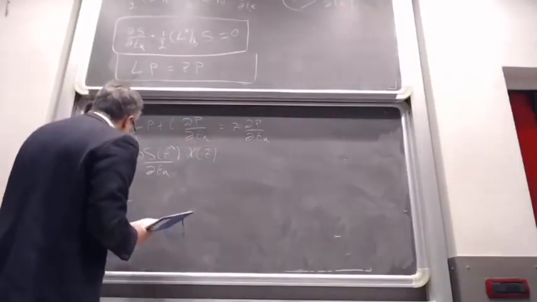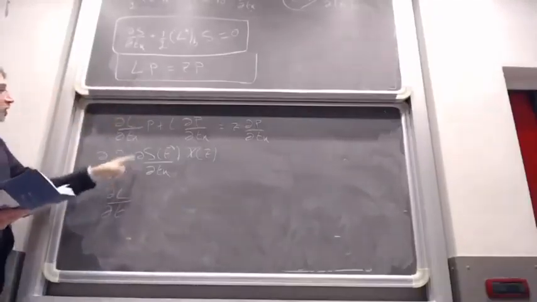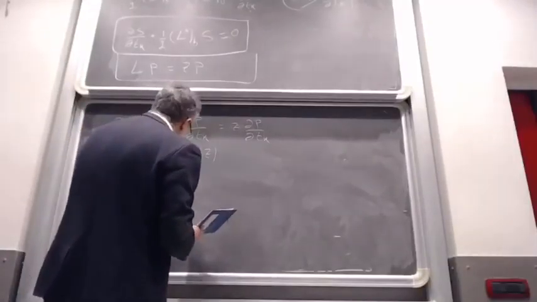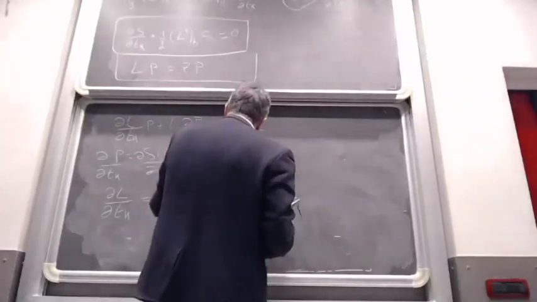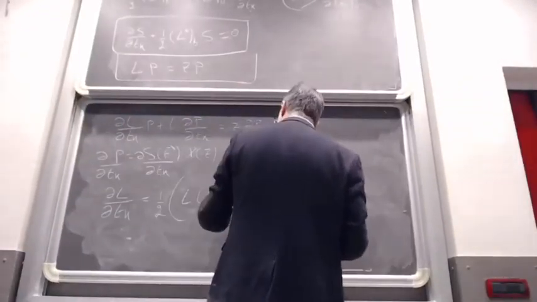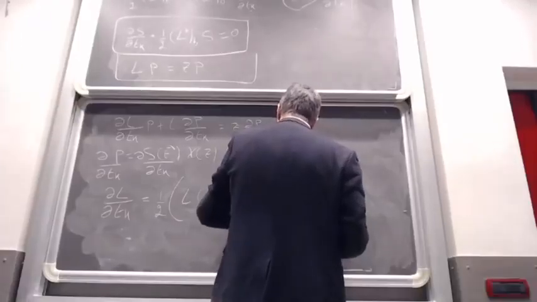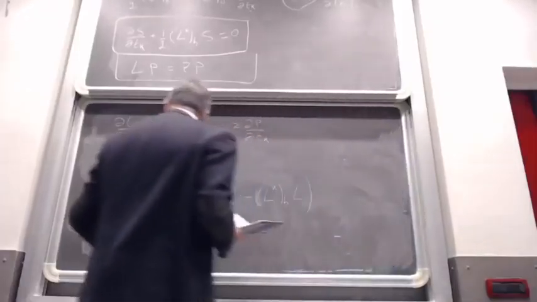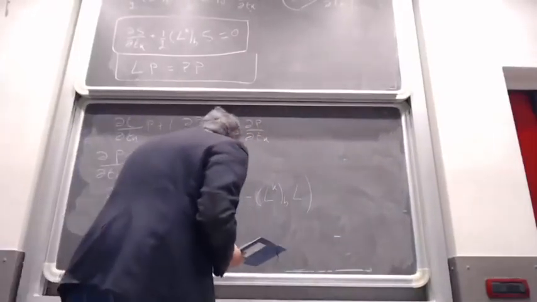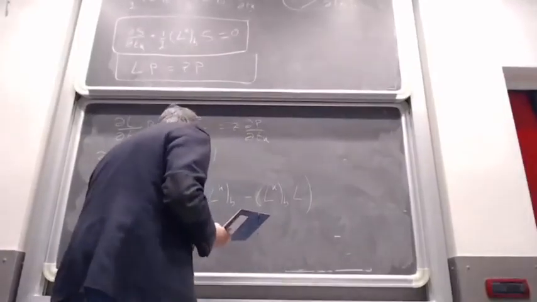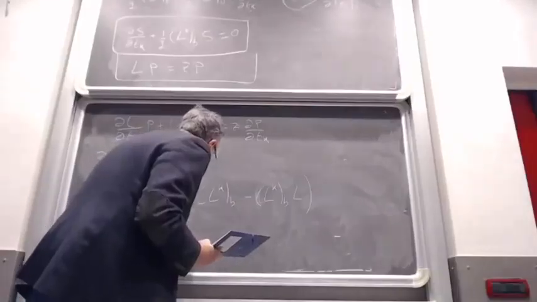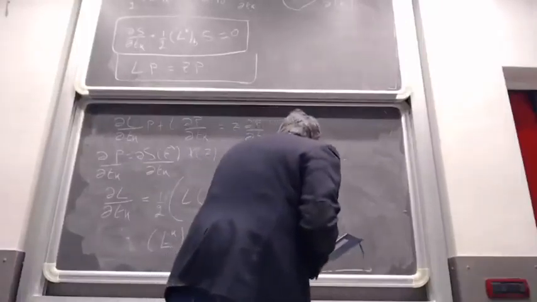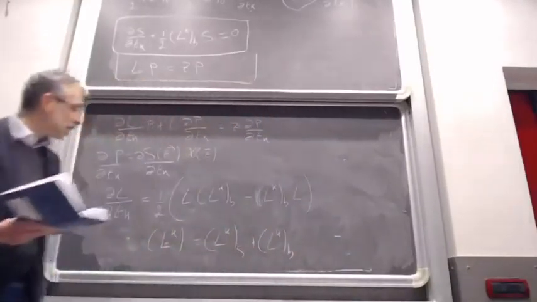But what we get, once we use this expression and substitute the first equation, is that dL by dt_k is equal to 1 over 2 of the commutator [L^k_B, L] minus L^k_B L, and then we use the fact that L^k is equal to, due to the algebra splitting, L^k_S plus L^k_B.